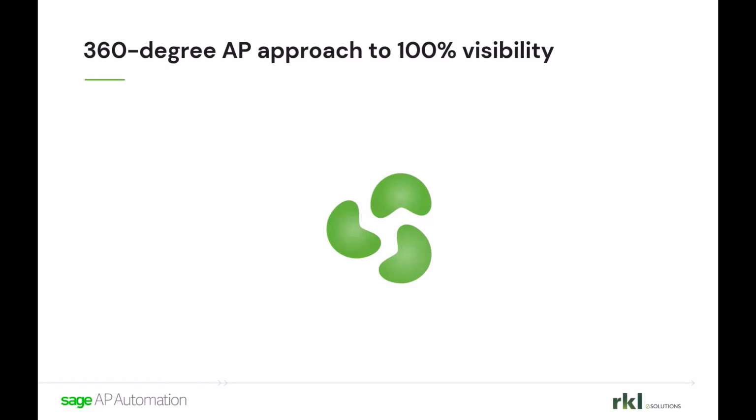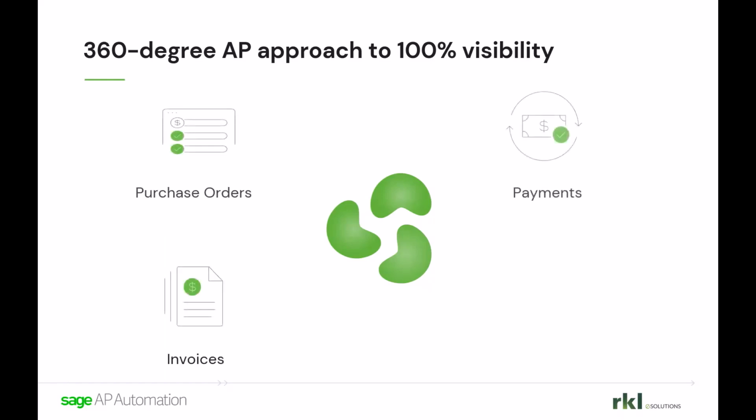So then making sure when you're looking for an AP automation software, when you do look for a solution, you do want to try your best probably to look for something that ties all of those functions into one system. So like we discussed, right, the purchase orders, invoices, payments, expenses. That's how we do it here, of course, at Sage AP Automation. So that way, all the AP processes, all that data, it's stored in one system.